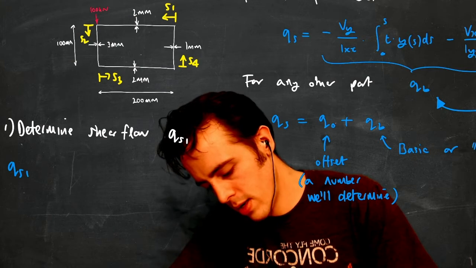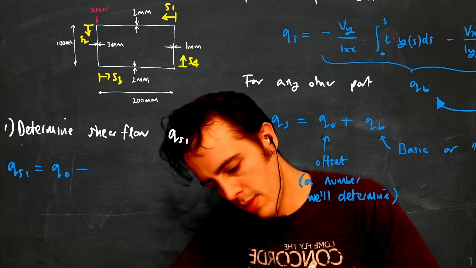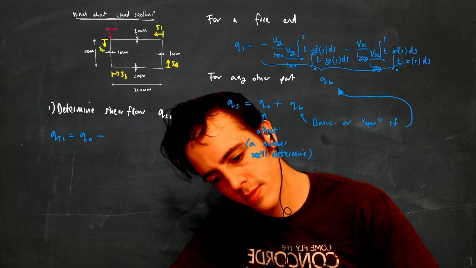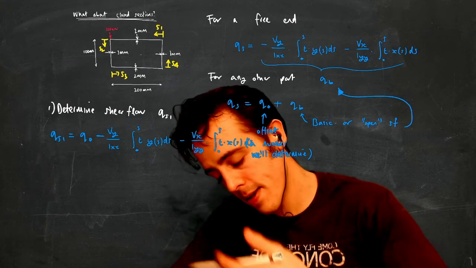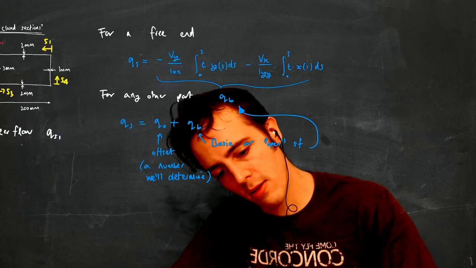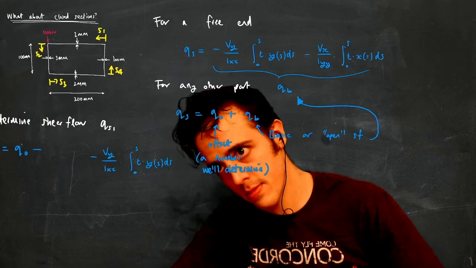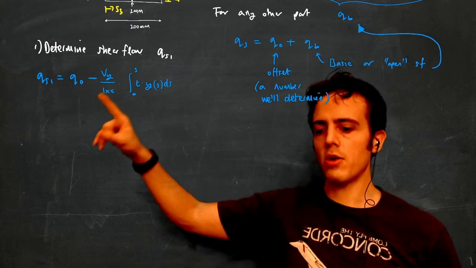So Qs1 will be equal to Q0 minus this whole bit here. Okay, and for this problem, because we've only got a vertical force, we can actually just copy just the first bit. So let me just do that. Okay, so we could use this.